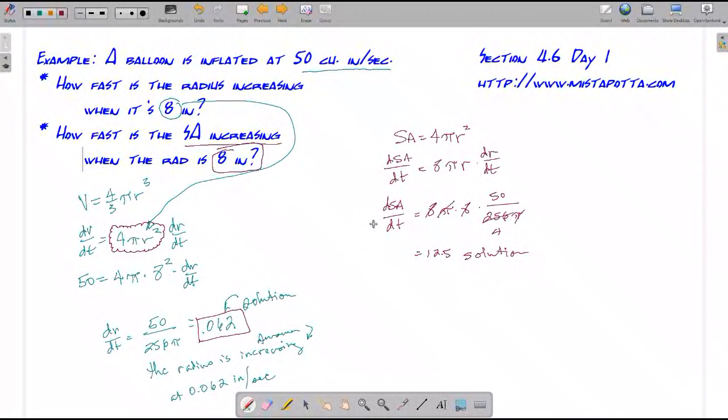But remember that this is a change in surface area over time. So the surface area is increasing at 12.5 square inches per second.